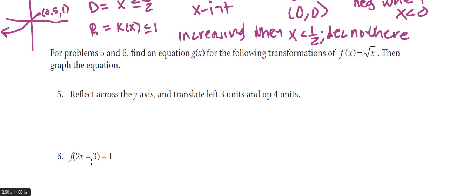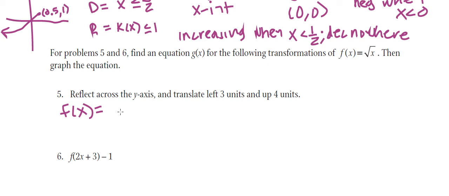So for these ones here, we're supposed to reflect it. We're supposed to write an equation that would allow this to happen. So manipulation of this parent function. So I would want to say that f of x is equal to a reflection across the y-axis is a negative on the inside, right?